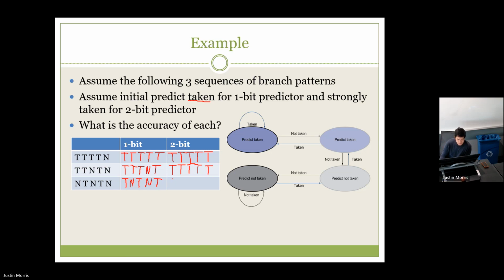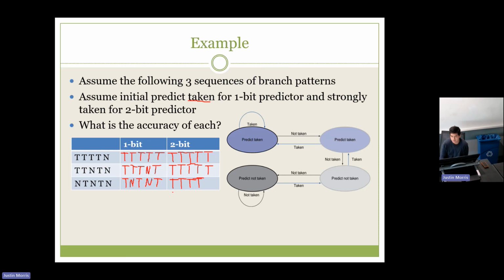What about here? Predict taken, and we move to weakly taken. Predict taken. We're right, so we go to strongly taken. Predict taken. We're wrong. Move back to weakly taken. Predict taken. We're right.